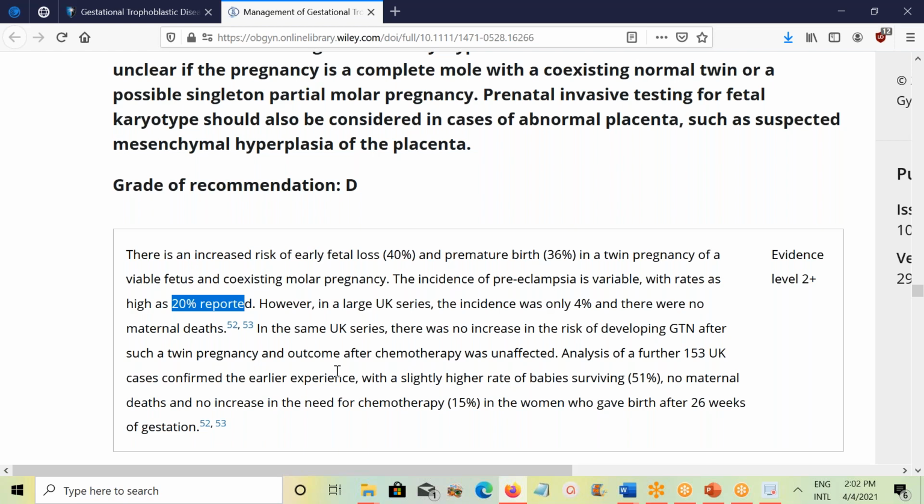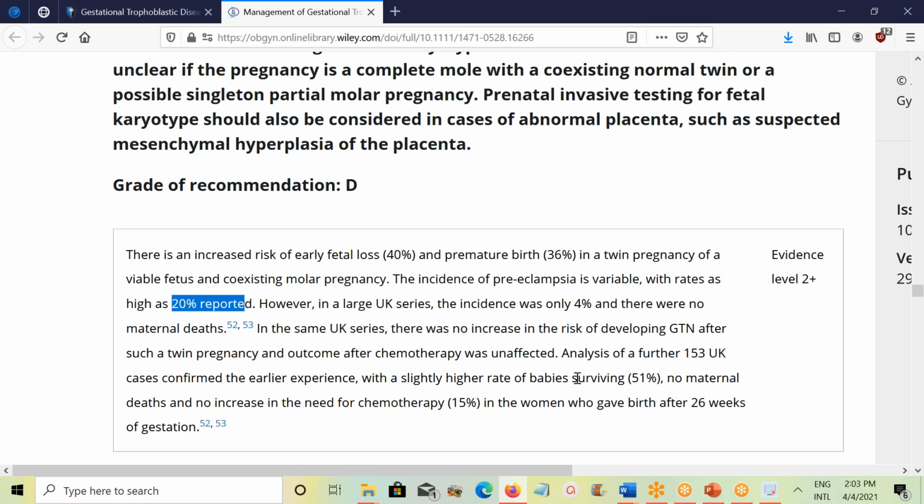Then they can also ask you, this whole paragraph is very important. Okay? Why? Because it contains all important numbers. Like, what is the chance of the baby surviving? 51%. That is one thing. And it is not associated with an increased requirement for chemotherapy.